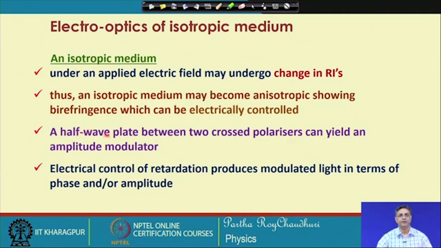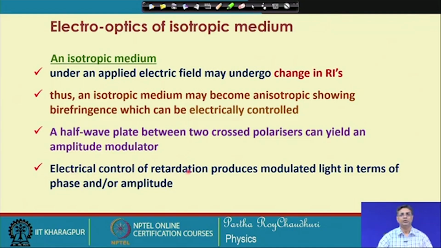A half wave plate between two crossed polarizers can yield an amplitude modulator. This we have seen: if you have a variable delay element between two crossed polarizers, one polarizer at the front end and the analyzer at the back end, then by changing the delay, the light emerging out of the analyzer can be modulated.